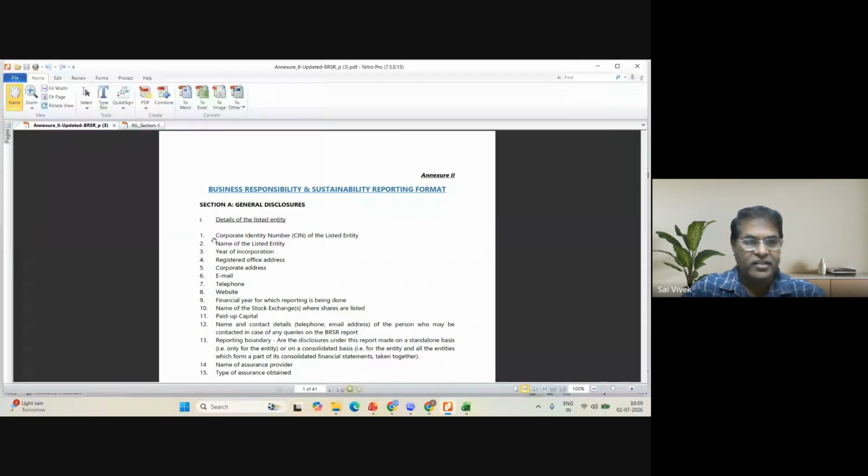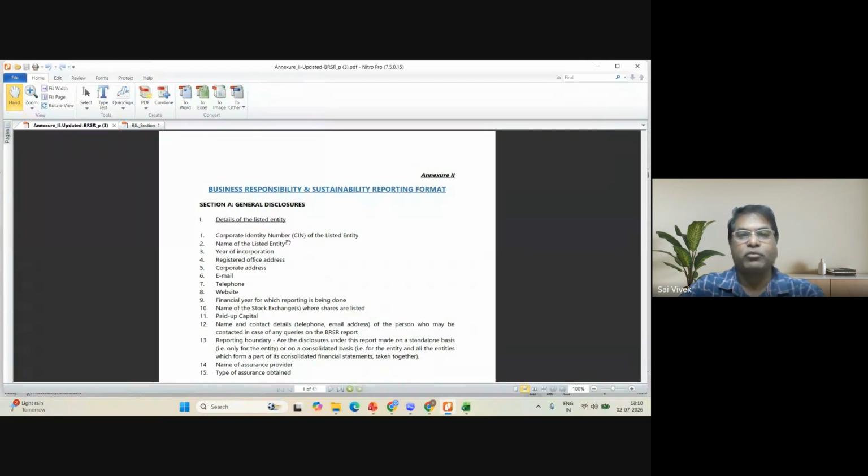The first one is CIN, Corporate Identity Number. For any company which is listed in NSE or BSE, this number is available with them, and companies are required to produce this number here. And the next one is name of the listed entity, in the sense name of the company which has been listed in stock market.